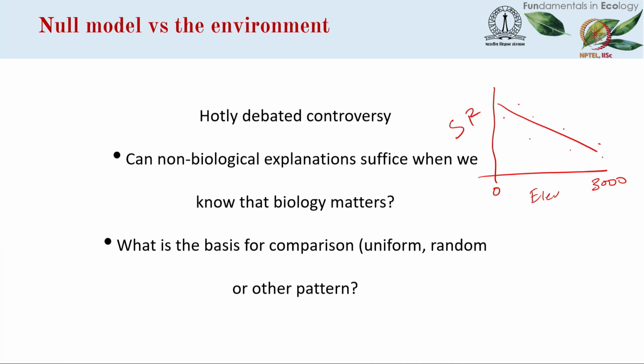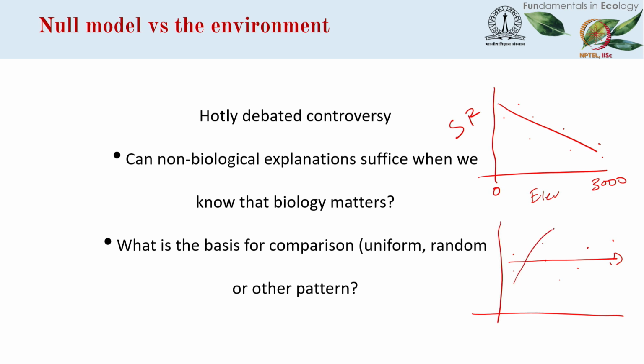Now, if x did not explain the variation in y and my relationship was not significant, my null model here is that elevation has no effect on species richness. The question that they were asking over here is, should our basis for comparison itself be this uniform model in the absence of biology, given certain range sizes, given boundary constraints?